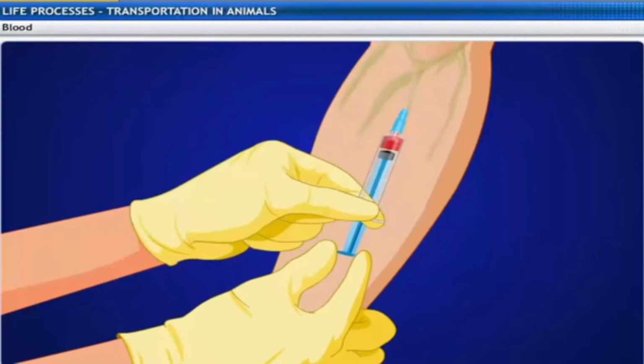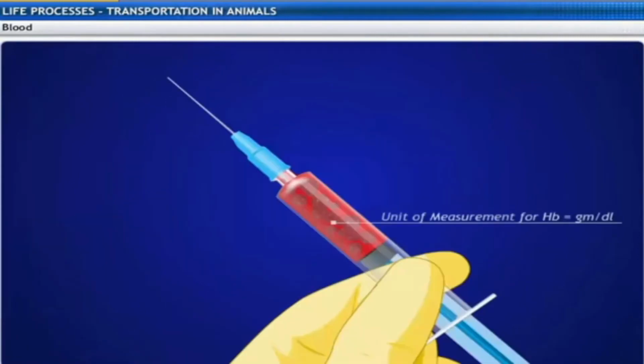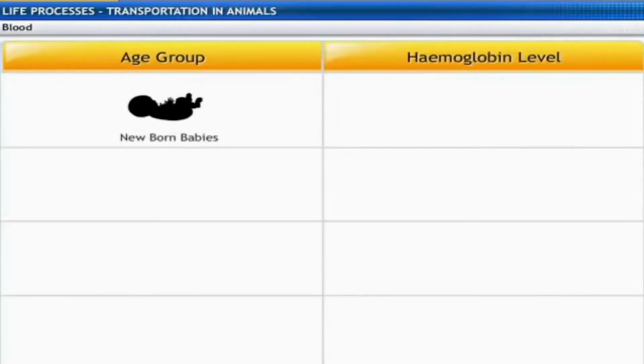The unit of measurement for hemoglobin is gram per deciliter of whole blood. In newborn babies, 17 to 22 grams per deciliter of hemoglobin is present.